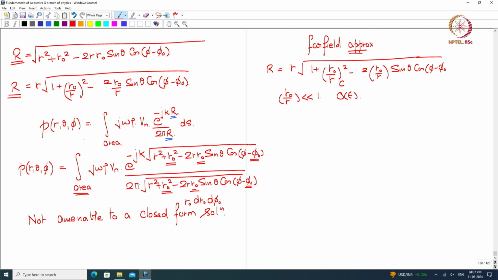So this quantity is order epsilon square, this quantity is order epsilon. Now if I do a binomial expansion, I am going to drop this in comparison to this. If I do a binomial expansion of the remaining, r becomes r into 1 minus twice r0 by r sin theta cos of (phi minus phi 0).